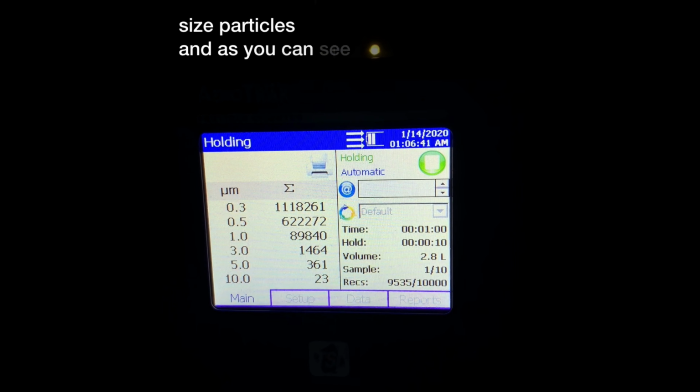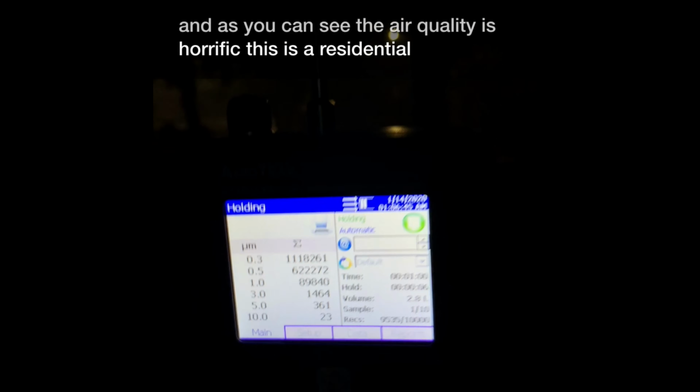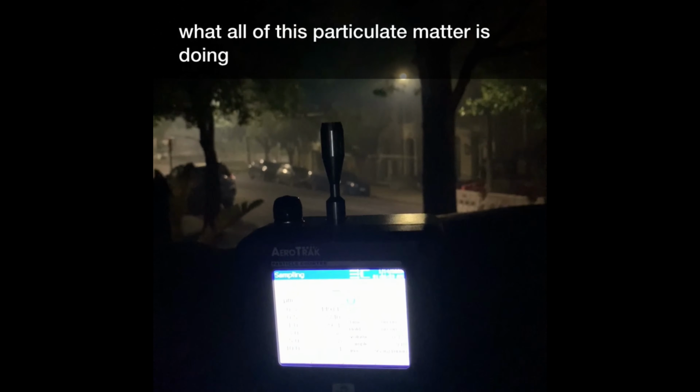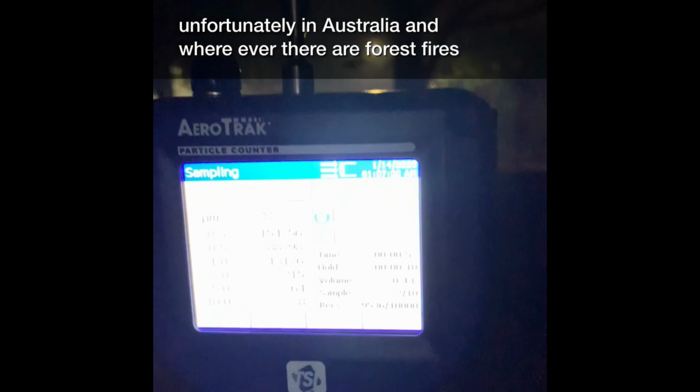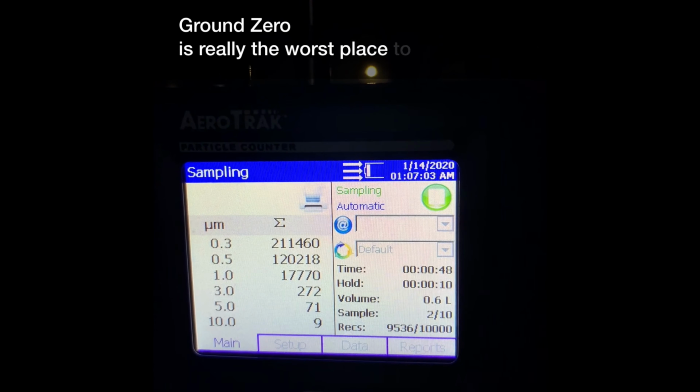And as you can see, the air quality is horrific. This is a residential street. Imagine what all of this particulate matter is doing close to ground zero. And unfortunately in Australia, and wherever there are forest fires, ground zero is really the worst place to be.